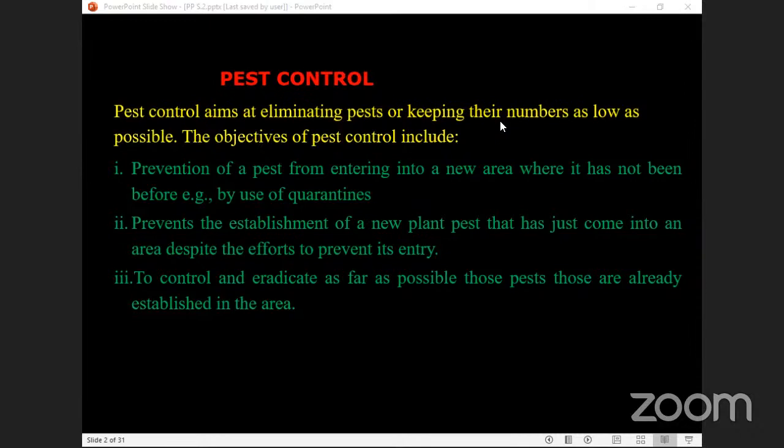So basically, we are looking at why we should eliminate these pests from our gardens. The last point says, to control and eradicate as far as possible those pests that are already existing or established in the area.